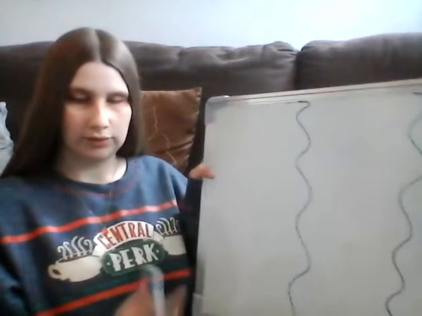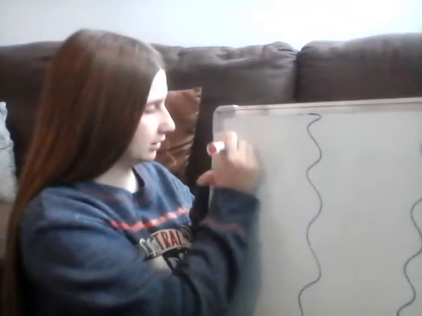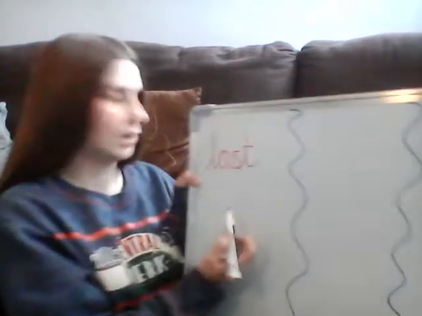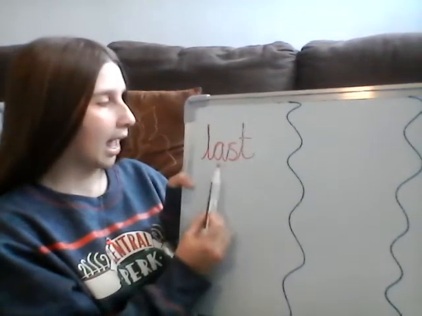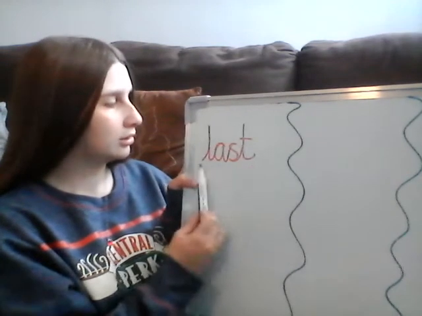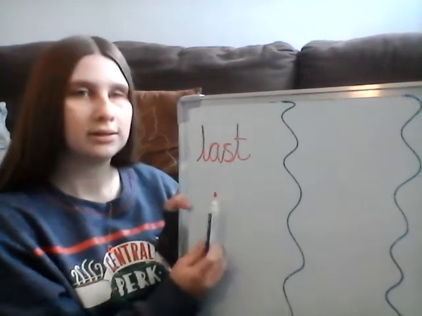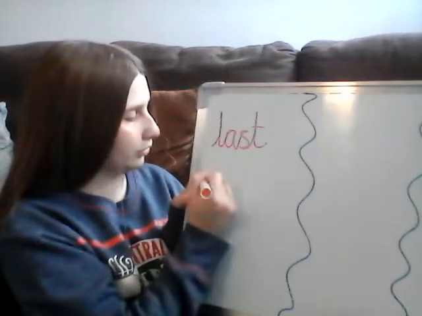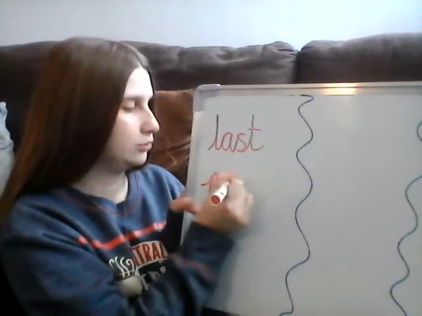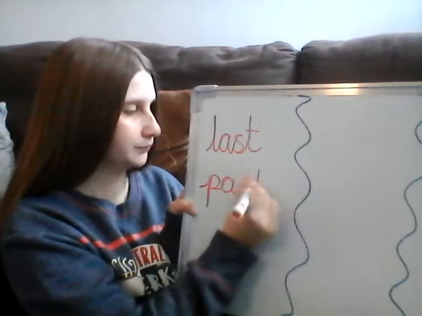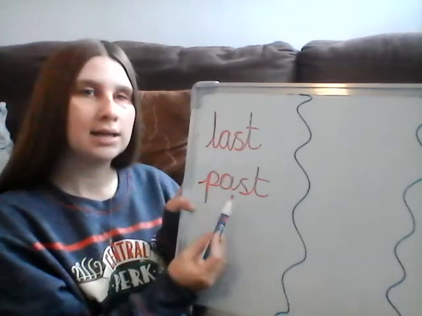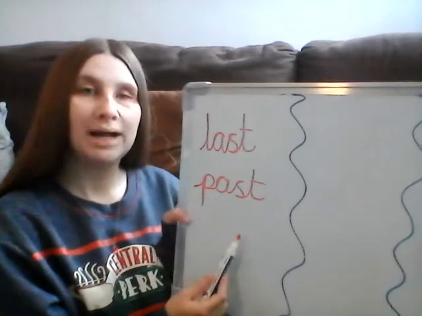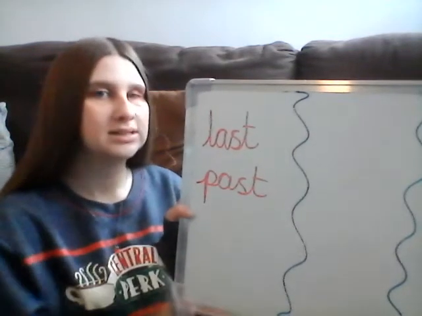So, let's start by having a look at the first one. This one is one that we can sound out, okay? So we've got l, a, st, last. Then we've got this one. Hopefully you will see the pattern of these ones. P, a, st, past, like past tense.